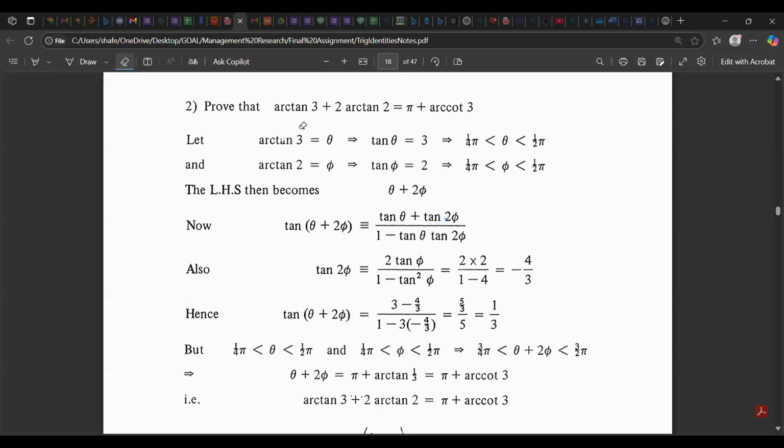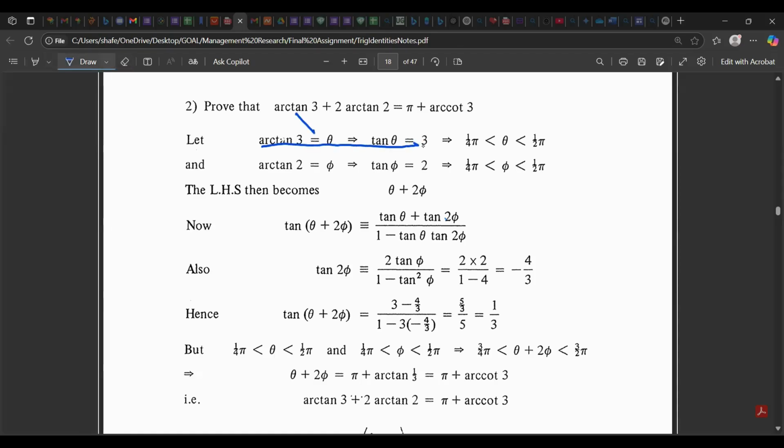Yeah, good. So we start with, all right. It appears that this writer is taking the left-hand side and working toward the right-hand side, at least from the beginning. So you start off with arctan 3 equal to theta, which implies that tan theta equals 3. That's what we start off with here.